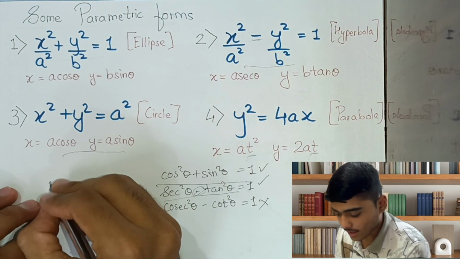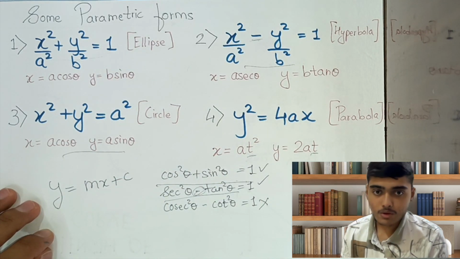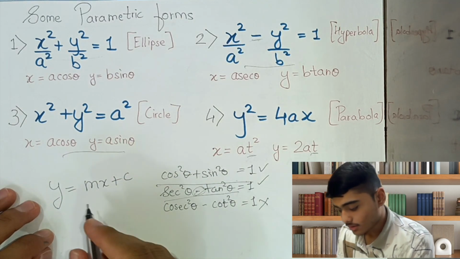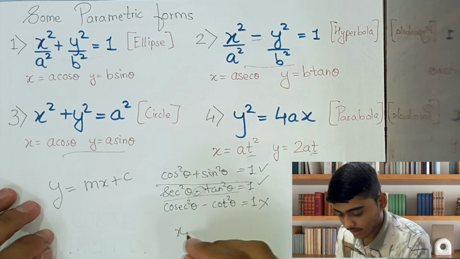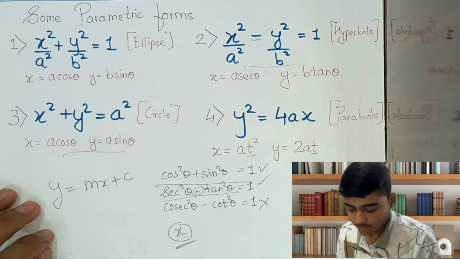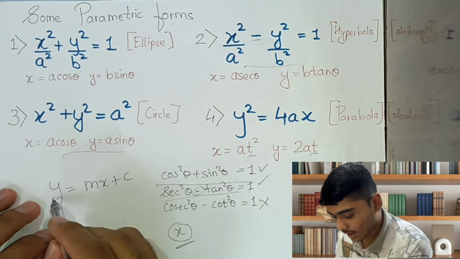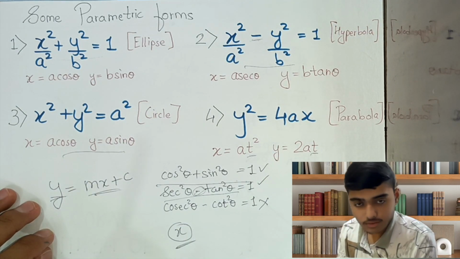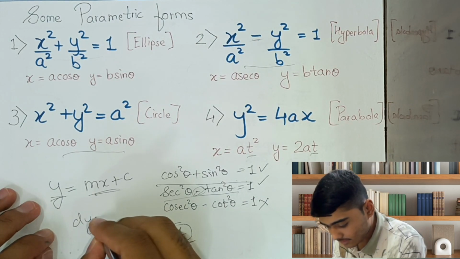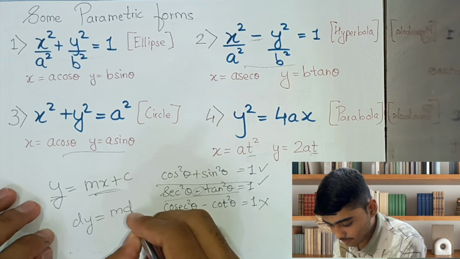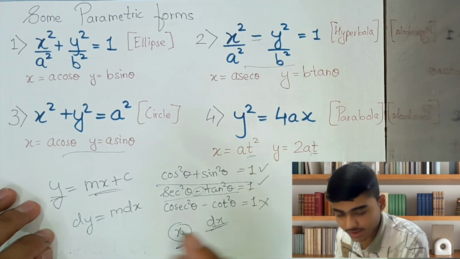If I have a line y equal to mx plus c, suppose I let x remain itself, and I have y in form of x, right? So what will be dy? Dy is nothing but m times dx. And what is dx? Dx is dx as well, only dx.